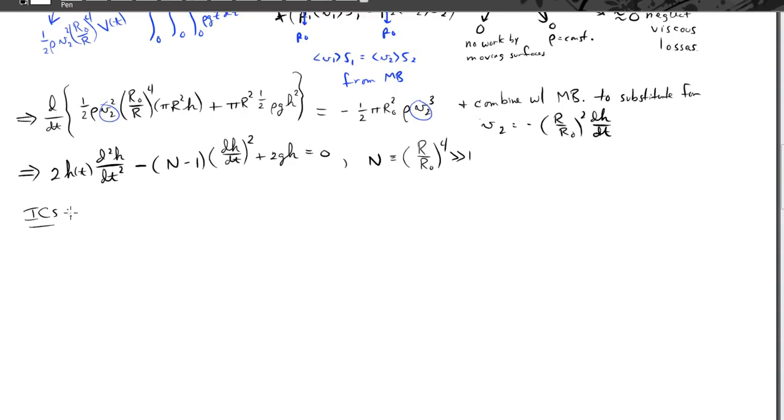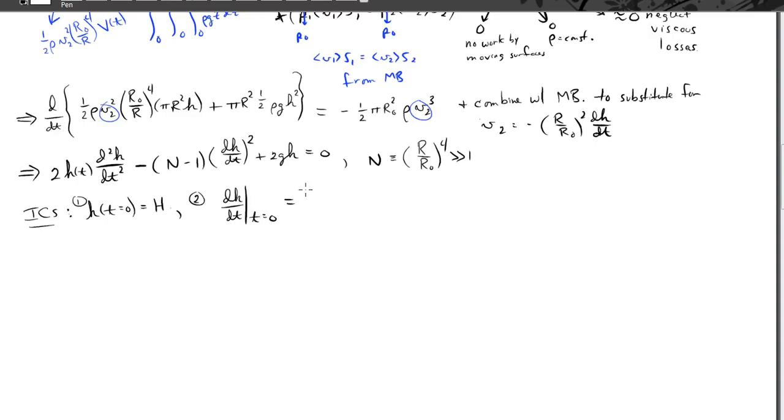So we have a second order differential equation in time, and so we need two initial conditions. The first one is obvious, and it's the same as before, saying that h at time equal to 0 is equal to capital H. And we also need a second initial condition, because we have two derivatives, so we need to specify dh/dt at t equals 0.